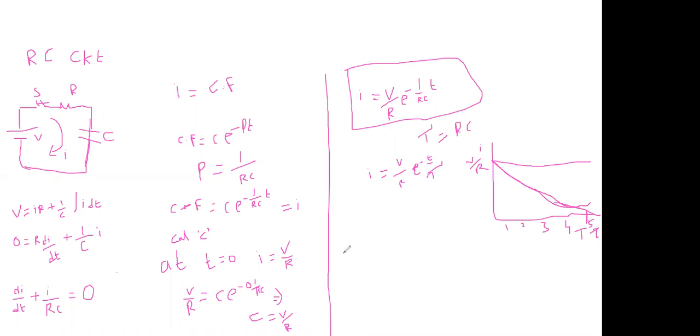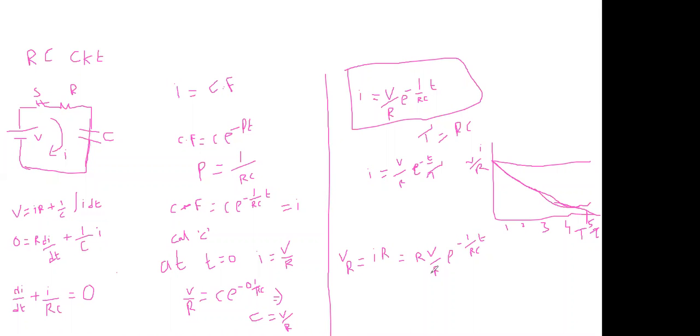Next, our aim is to calculate VR, the voltage across the resistor. What is the formula for voltage across the resistor? I into R. What is the value of I? V by R into e power minus 1 by RC into t, times R. Then the R and R cancel out. Finally we get V into e power minus 1 by RC into t.